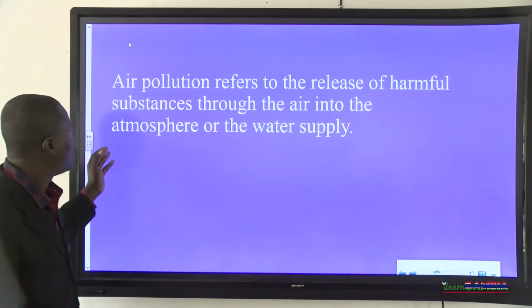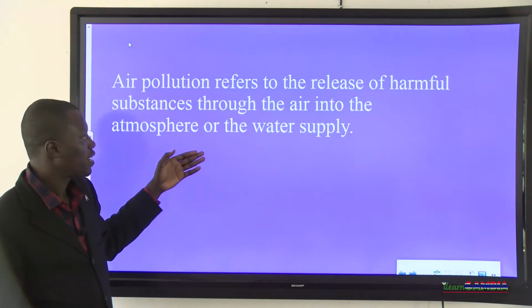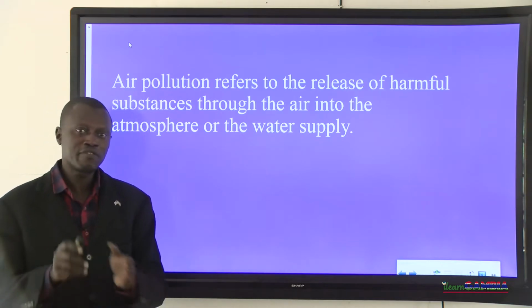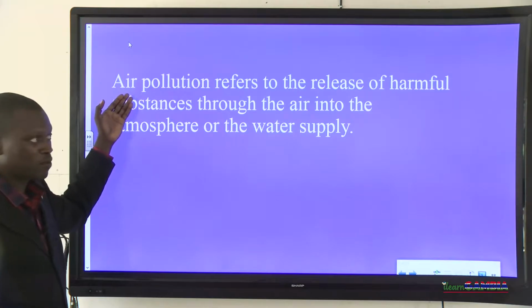Usually you will see a kind of refuse which comes into contact with that water supply, and the moment the refuse comes into contact with the water supply, it encourages what? It will encourage air pollution.